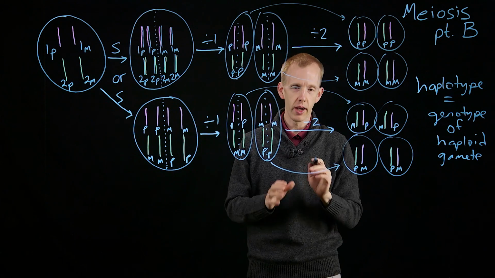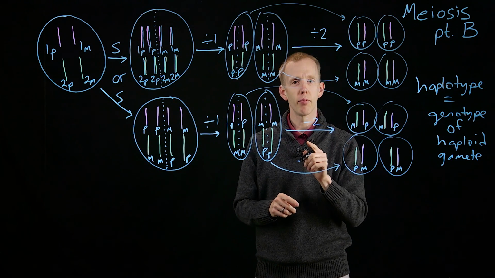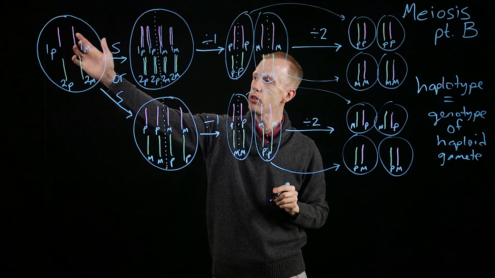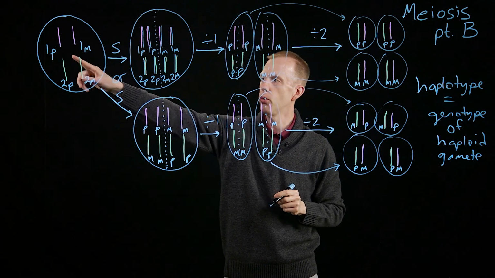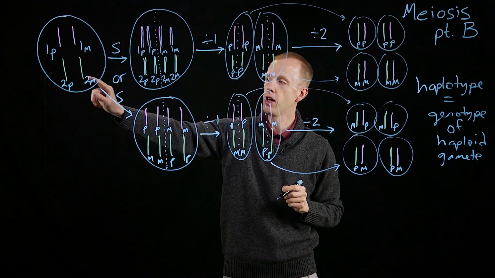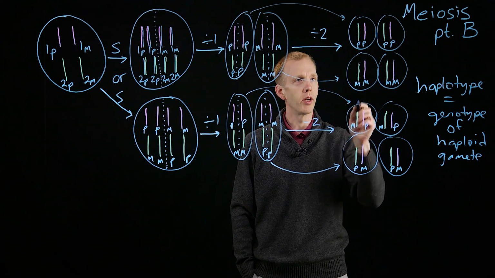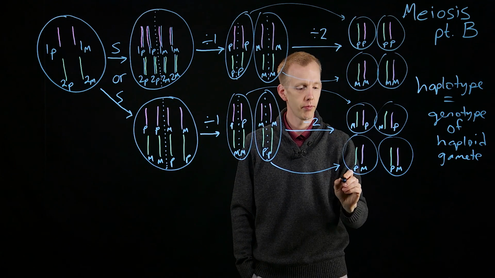The really critical take-home point from all of this is that we have an equal number of alleles. We started with 1 to 1 to 1 to 1. 25% of these chromosomes were one paternal, one maternal, and so forth. We still have that same ratio here. We could count the number of green paternal alleles, 1, 2.